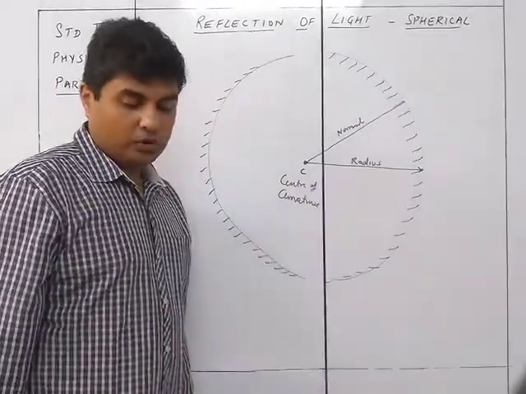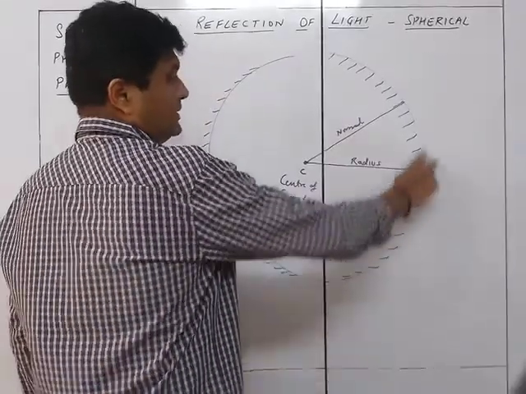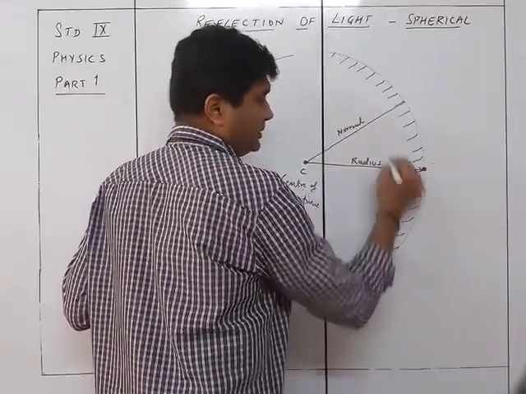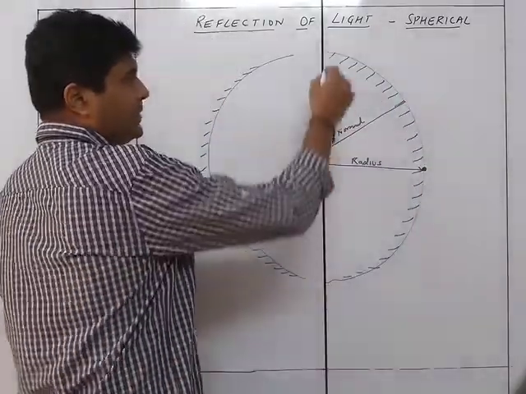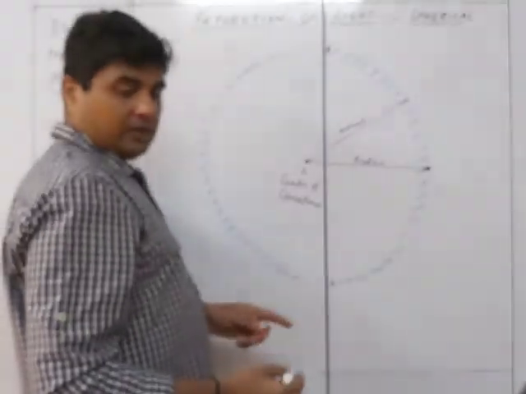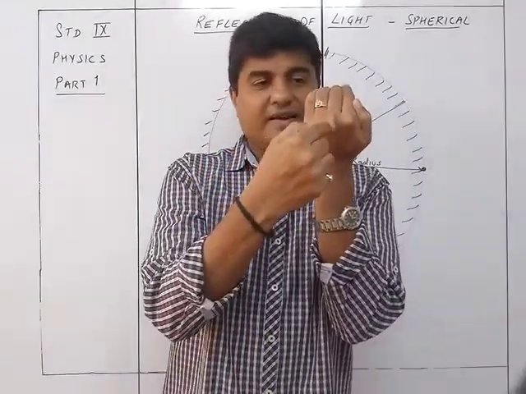Next is pole. If this is the mirror, the exact geometrical center of this mirror is the center of the mirror.